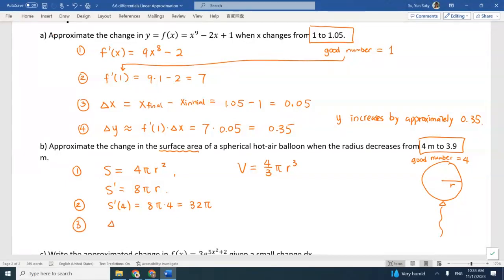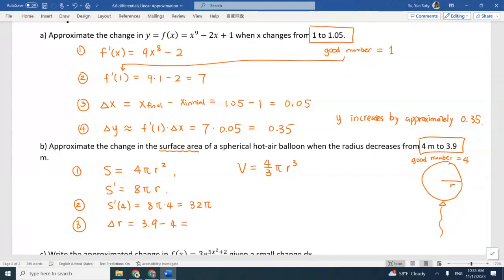And step 3, change of r, radius. What is the final value? Downjay, what's the final value of radius? 3.9. What's the initial value? 4. What's 3.9 minus 4?